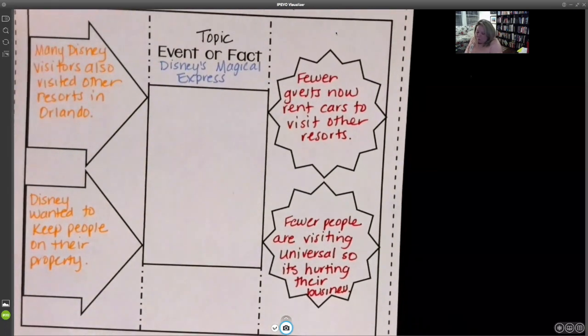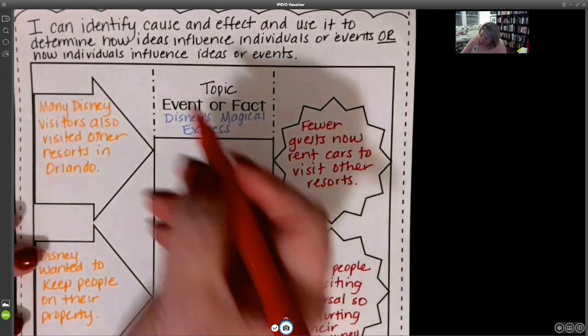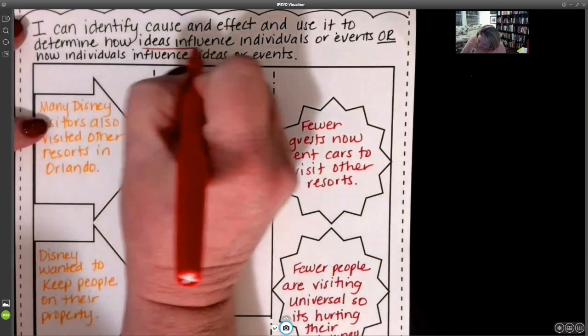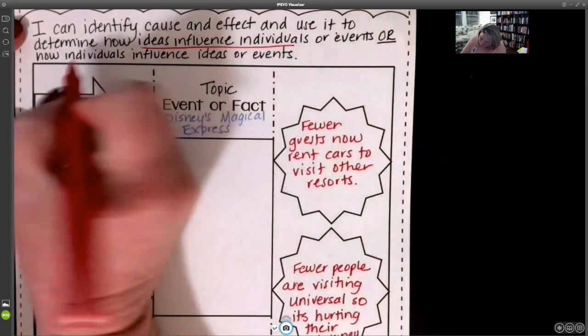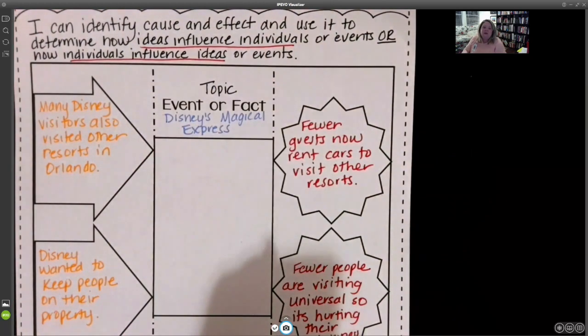So now we have to come up with how the ideas influence individuals or how individuals influence ideas. So if you'll remember, the whole reason Disney had to come up with the idea of building the Magical Express was because it wanted to keep people on their property.